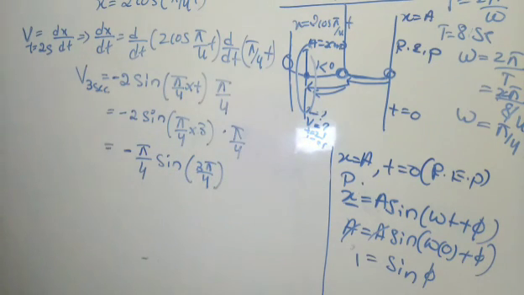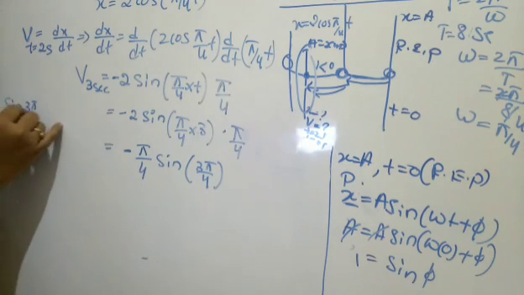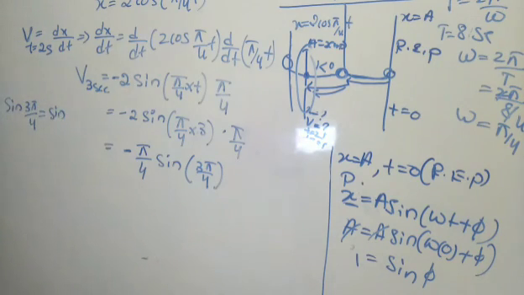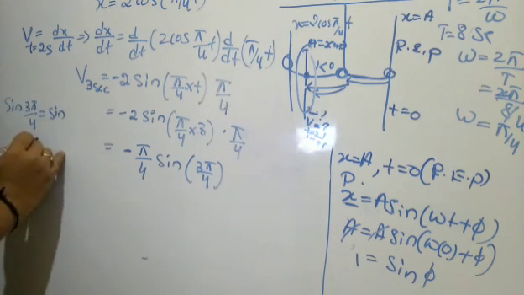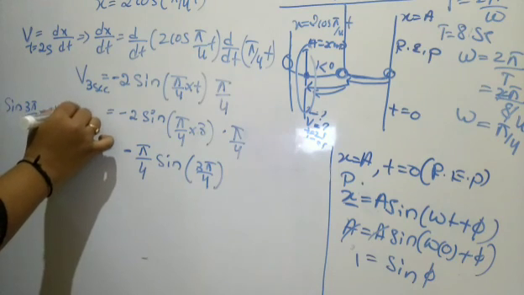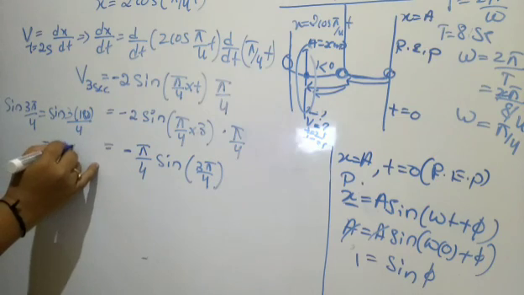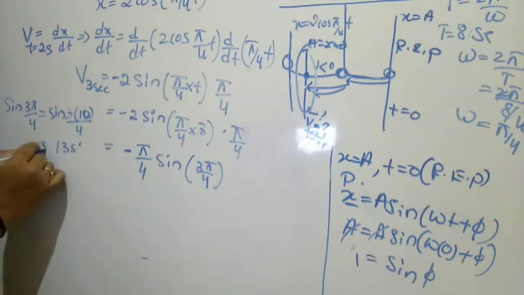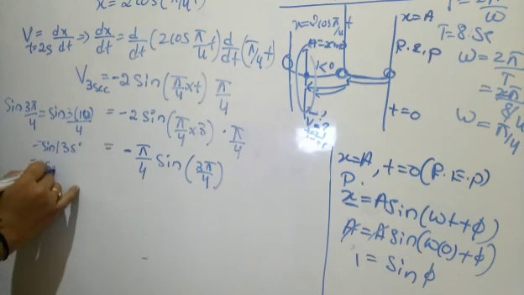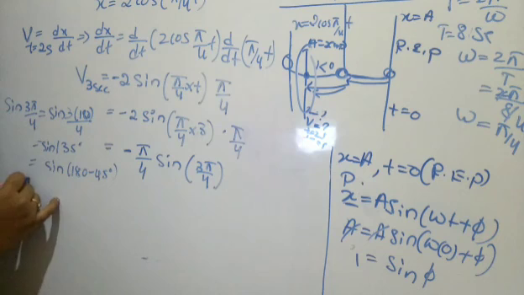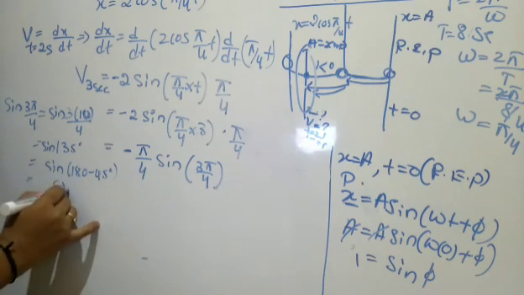So sine of 3 pi by 4, we'll cross check here. Sine of 3 pi by 4 means sine 135 degrees. We can cross check: 3 pi is 180 degrees, divided by 4, we get 135 degrees. So sine of 135 degrees, how can we do it? Either sine of 180 minus 45 degrees, that we get as sine 45.